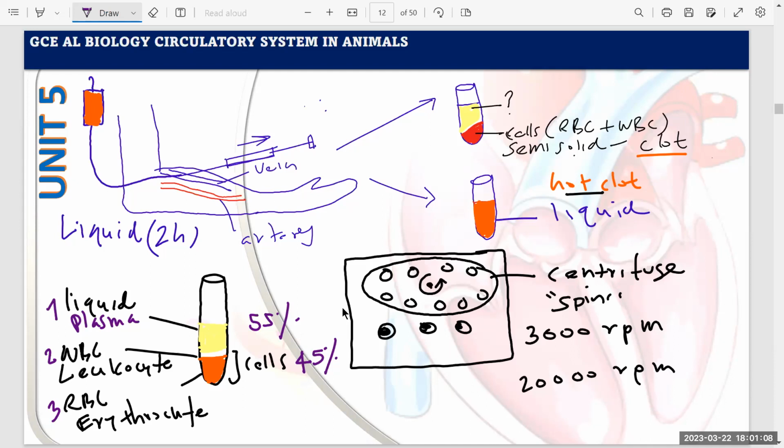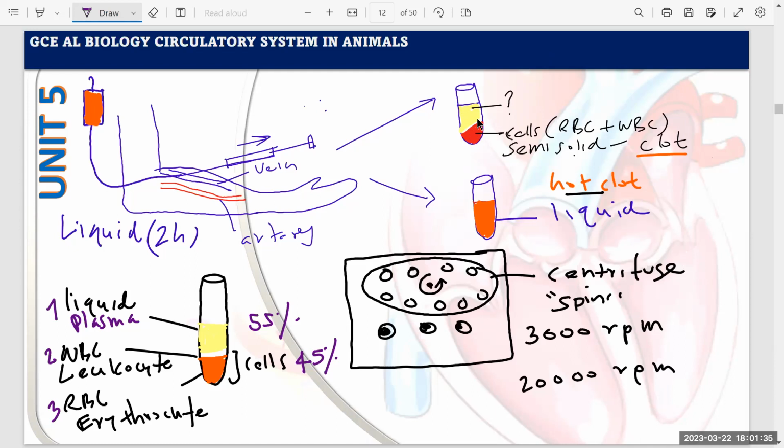Now coming back, why, if we take blood and keep it in the tube, does it separate again without this centrifuge? We don't do any centrifuge-like things. Just leave it for some time, and there's a clot at the bottom, and the liquid part is there, and the tiny middle layer.